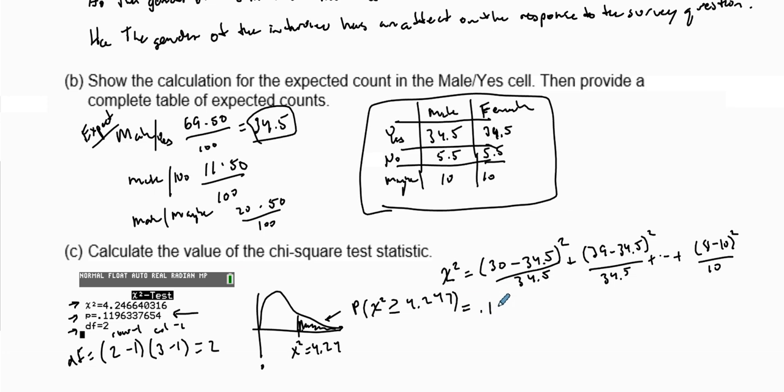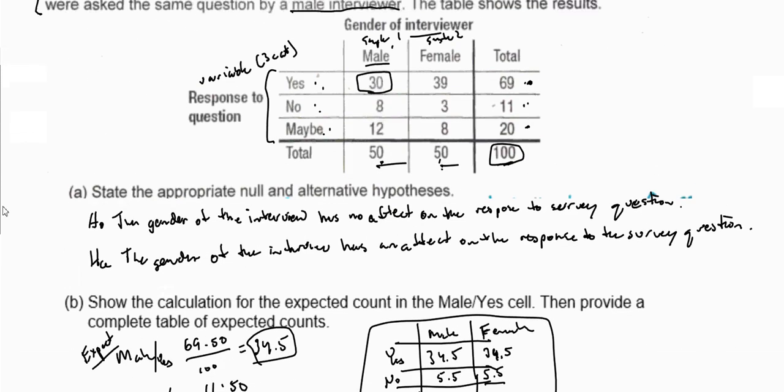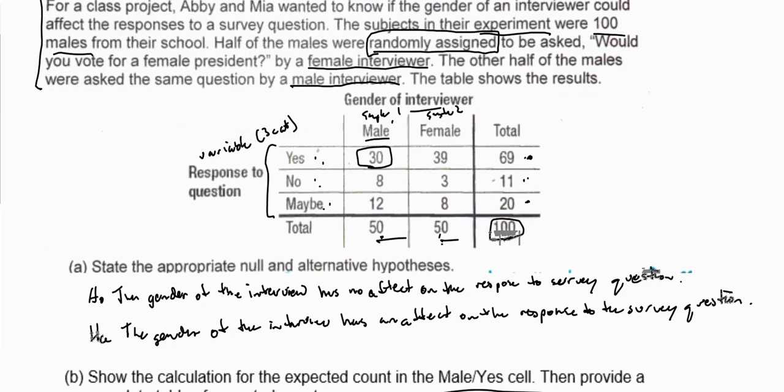And that would equal 0.119, or 0.12 if you want to round it. And we have that there. So finding how to calculate the value of chi-square test significance, I also added onto this problem how to find the p-value and also degrees of freedom. And then we can do some inferencing if we wanted to. So that's what we got.